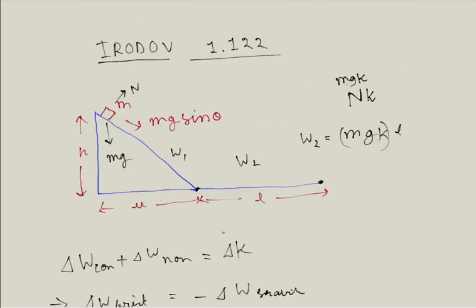and from the results of the previous question, when the force acting on some particle or some system of particles is tangential to the trajectory, and in this case it is tangential to the trajectory, the trajectory being this inclined plane, the work done by frictional force is simply equal to mgk, k being the coefficient of friction, times the horizontal length.